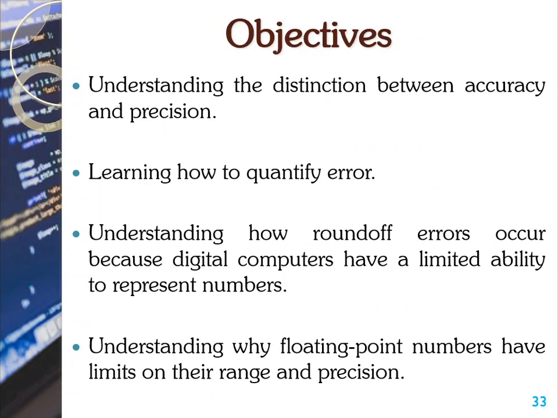So we've gone through all these areas, and now we are currently at chapter 2, where the objective is to understand the distinction between accuracy and precision. We also get to see how to quantify the errors that we are going to accumulate in the domain of numerical analysis, and understand the term roundoff errors and how they occur in digital computers, because they have limited ability when it comes to representing numbers.